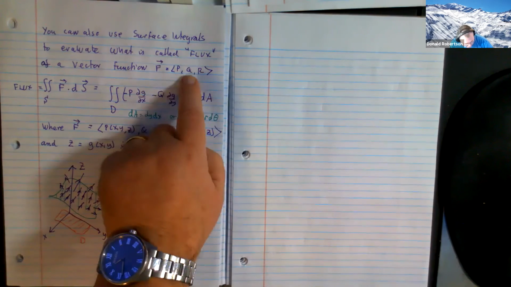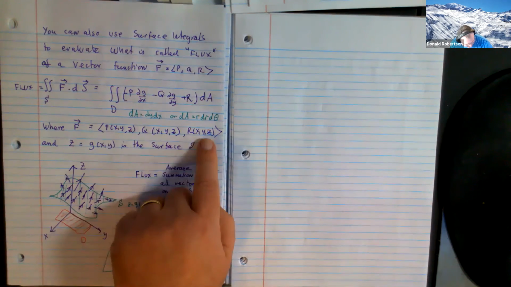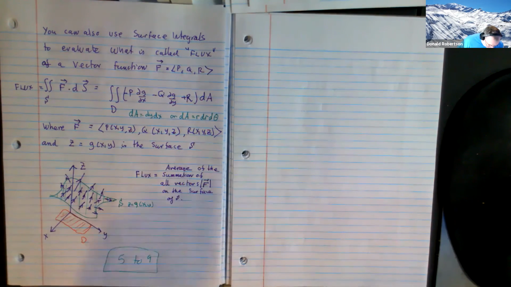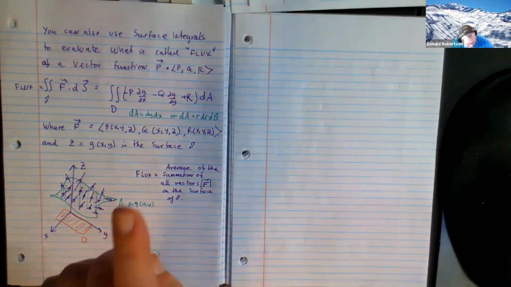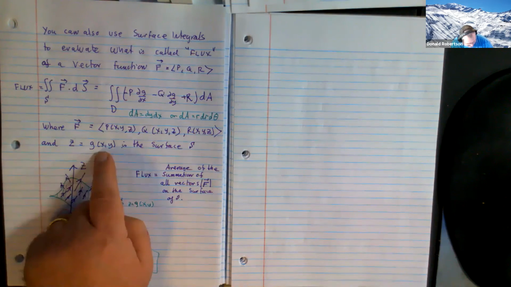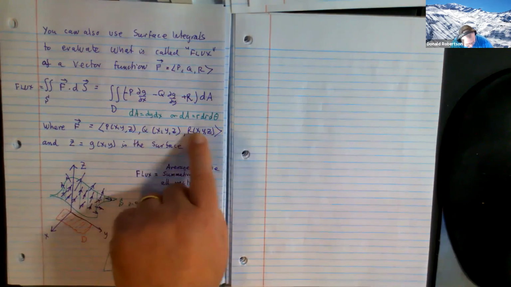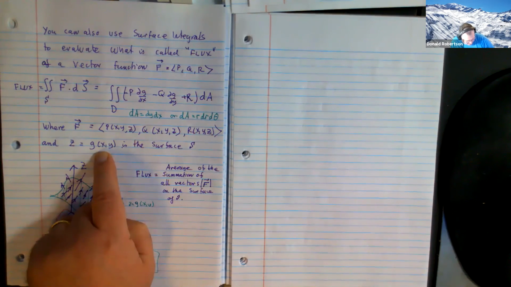P, Q, and R are functions of essentially x, y, and z. G is the surface, so every one of these z's gets replaced by an x, y expression.